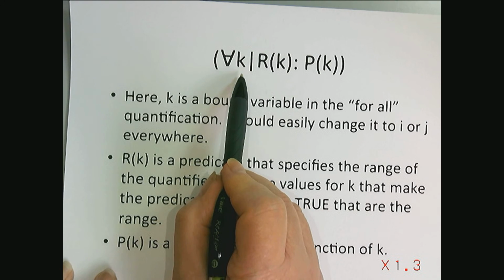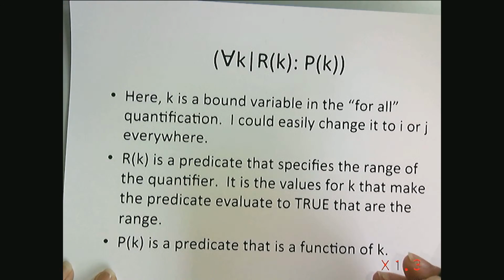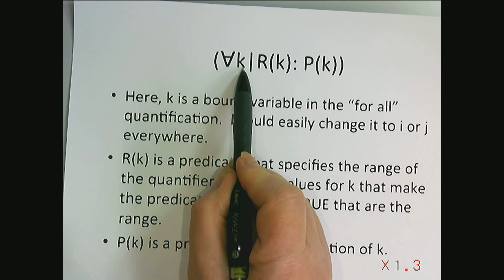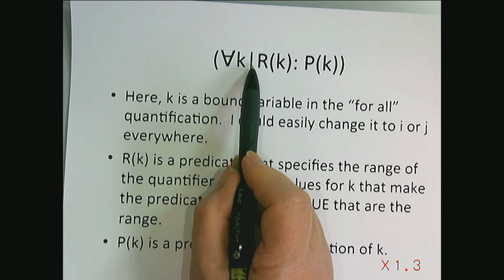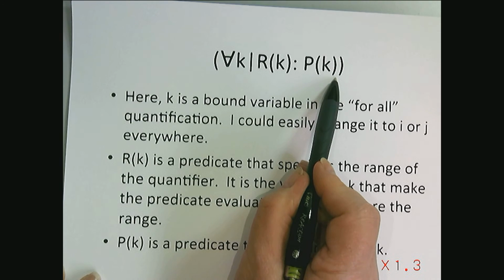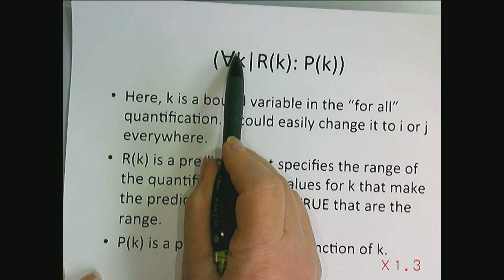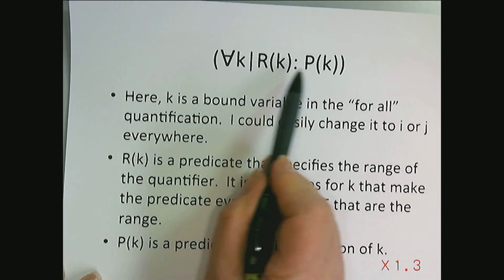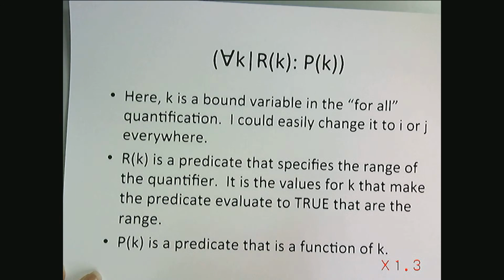Notice I could easily change, instead of using the variable k, I could have used the variable i, j, whatever we wanted in here. So sometimes I think of it as a dummy variable. And again, its scope is only within the parentheses that describe the quantification.